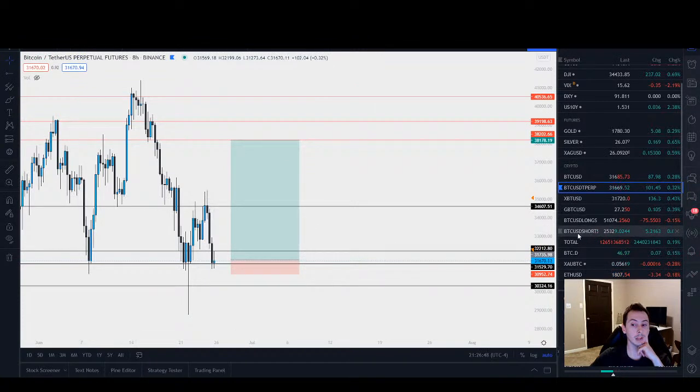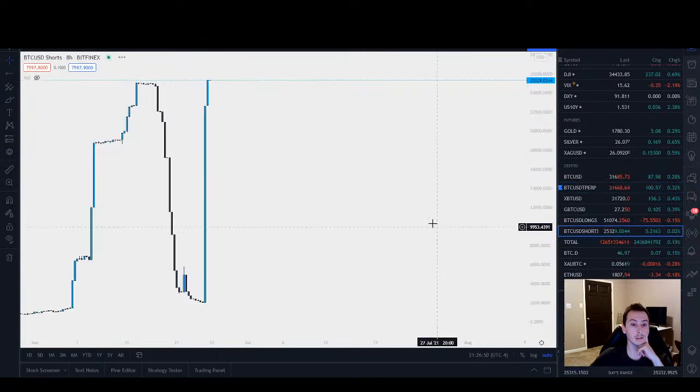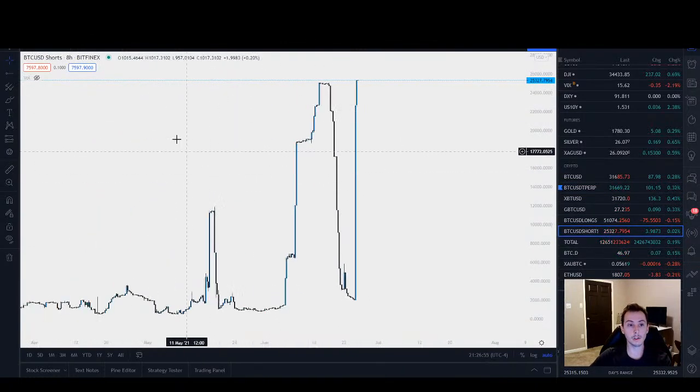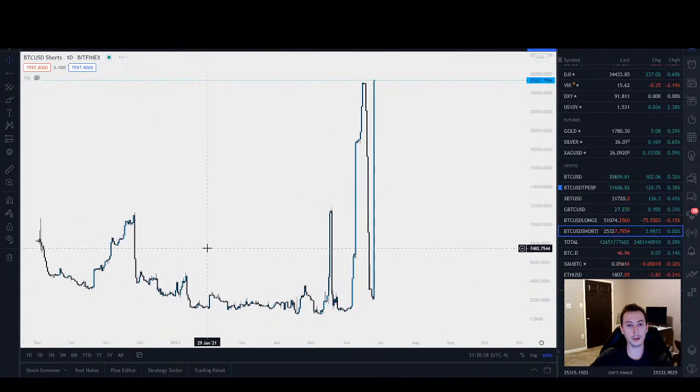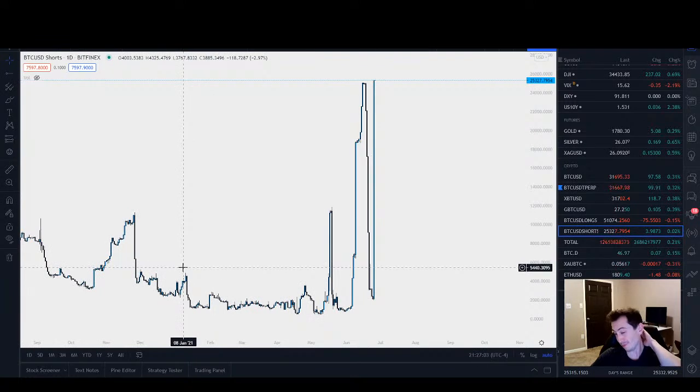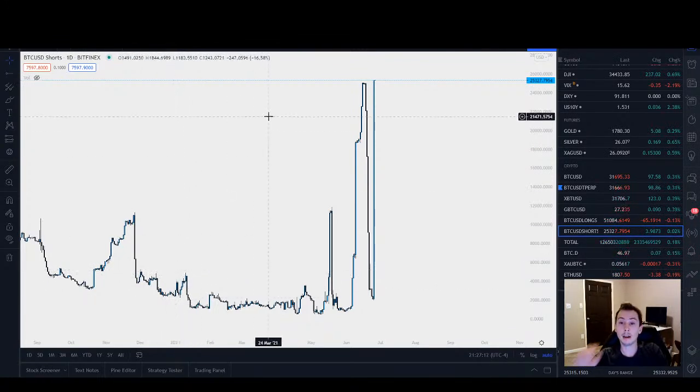Taking a look at short interest, this is a chart showing you how much money is being put on shorting Bitcoin right now. So people short an asset, they're borrowing that asset and then selling it to buy it back at a lower price, so they can keep the difference, because when they buy it back lower, they can buy more of that asset.